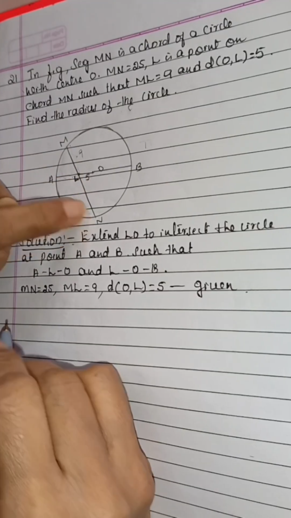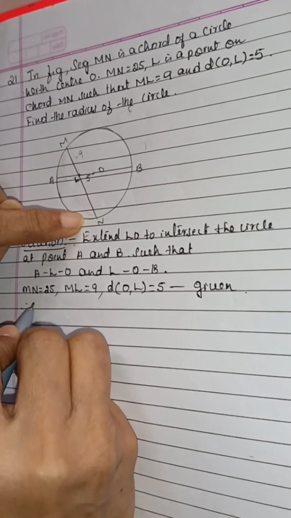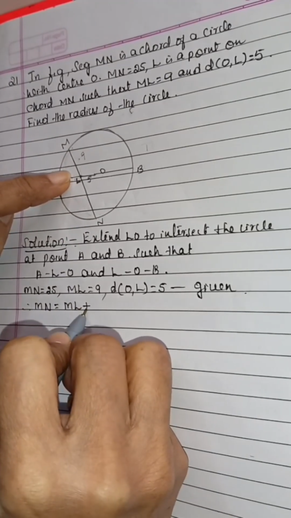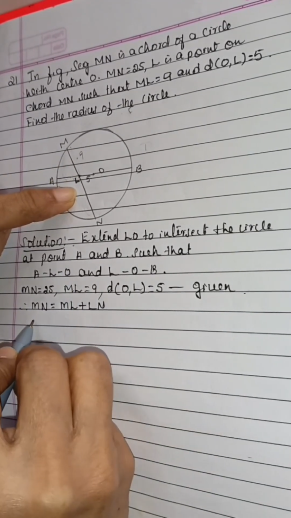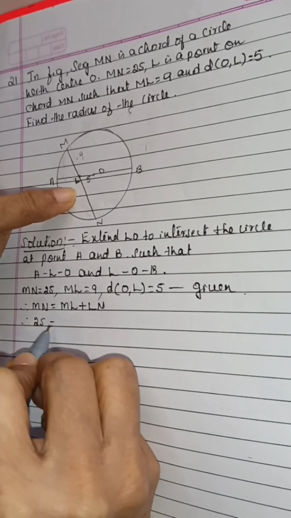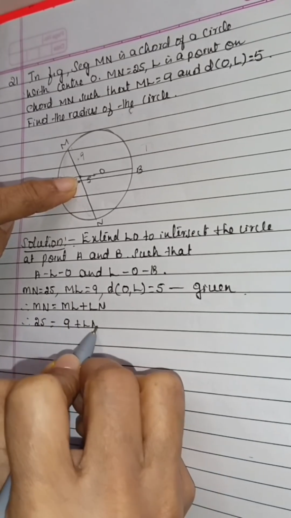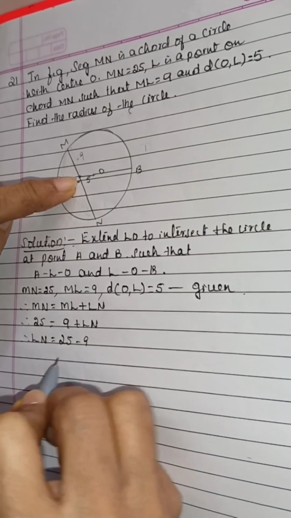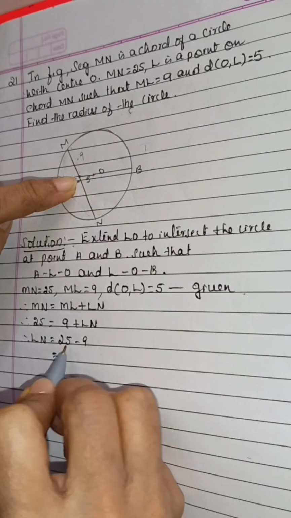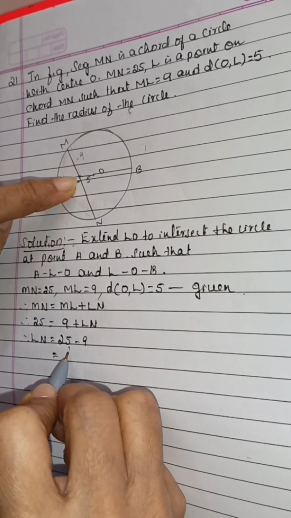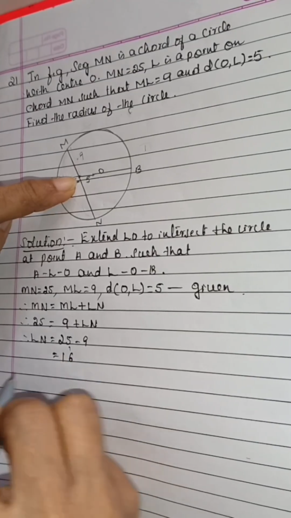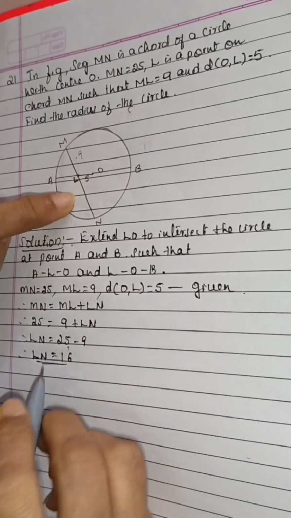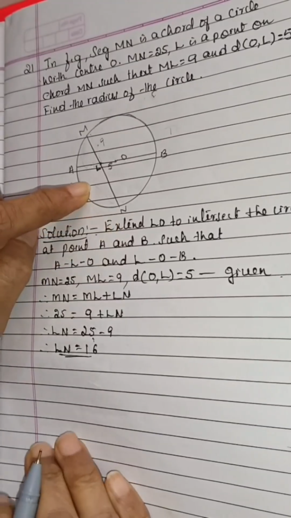Therefore, MN is ML plus LN. MN is 25, therefore 25 equals ML, which is 9, plus LN. Therefore LN is 25 minus 9, which is 16. LN is 16.